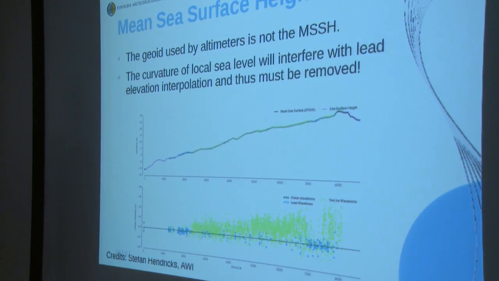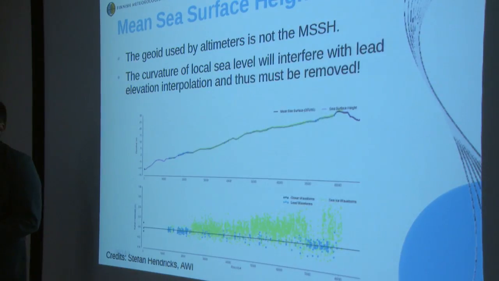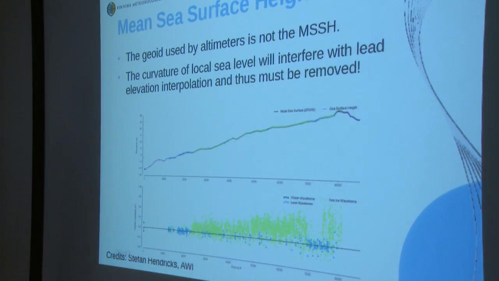So you need to remove the mean sea surface height from the elevations, and you need to have the measured elevation in reference to the mean sea surface height. Then you can fit a line into the lead detections and use that to calculate the actual freeboards.